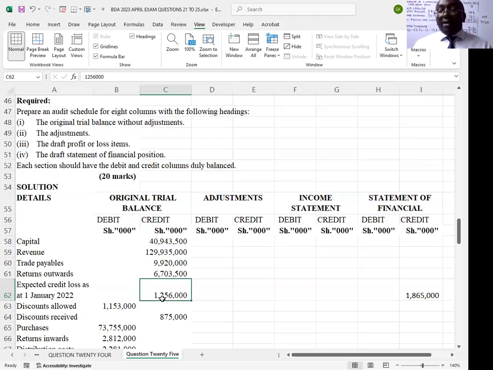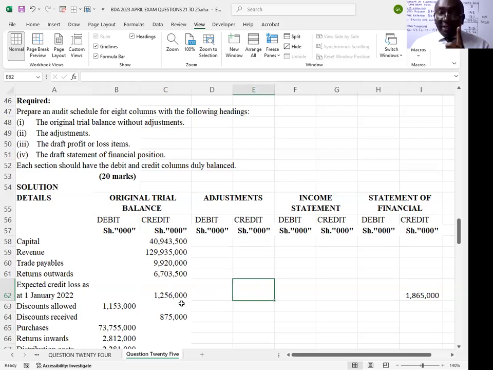Inamaanisha our receivables are coming down. So, if it is debited, we shall debit it here. Sorry, we shall credit here to show this increase.